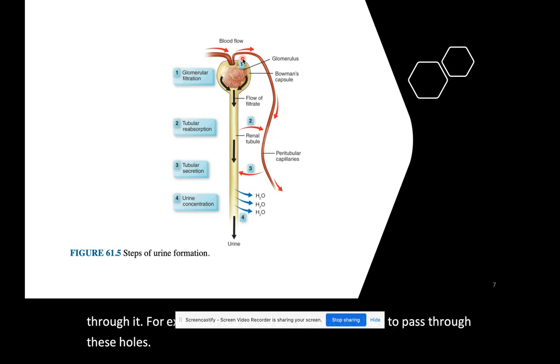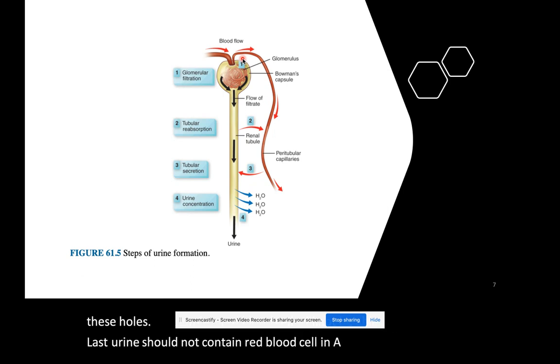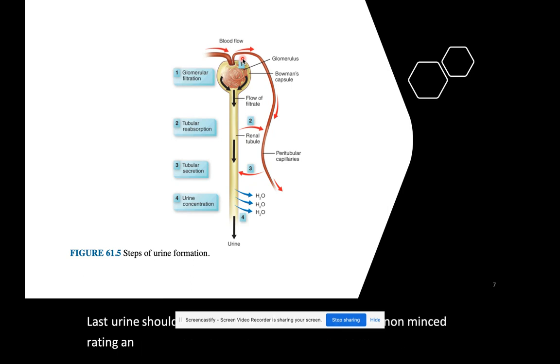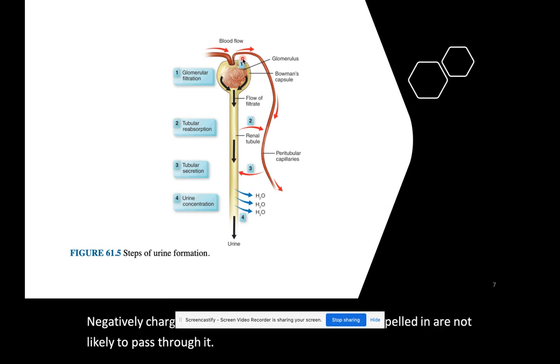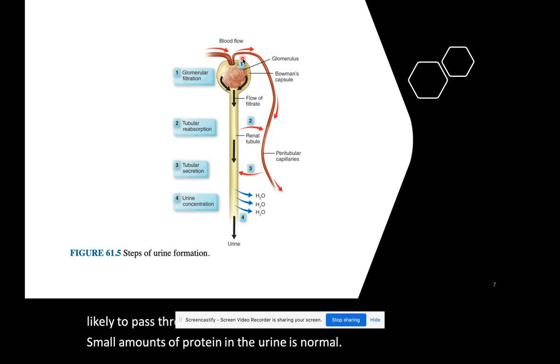Thus, urine should not contain red blood cell in a normal non-menstruating adult. Negatively charged particles such as proteins will be repelled and are not likely to pass through it. Small amounts of protein in the urine is normal, but large amount of protein in the urine points to kidney damage or damage to the glomeruli.